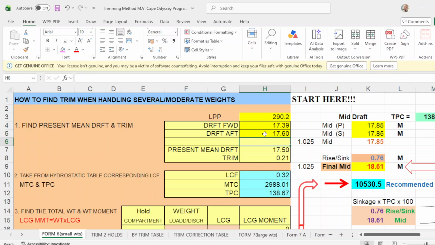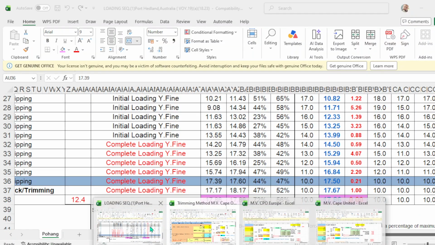Okay. So the present mean draft is 17.50. The trim is 21. Check. Okay, 17.50 and the trim is 21.